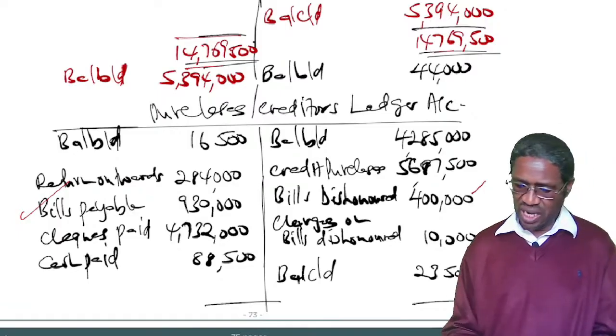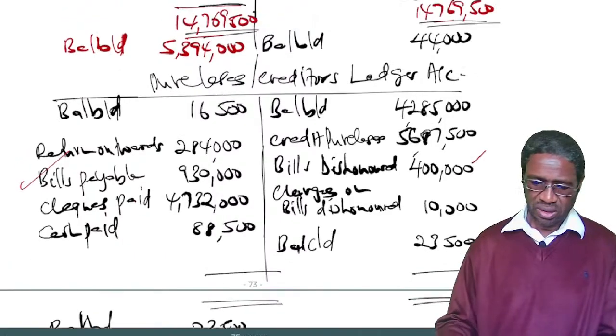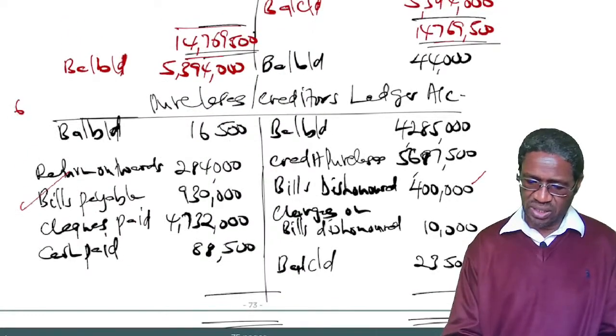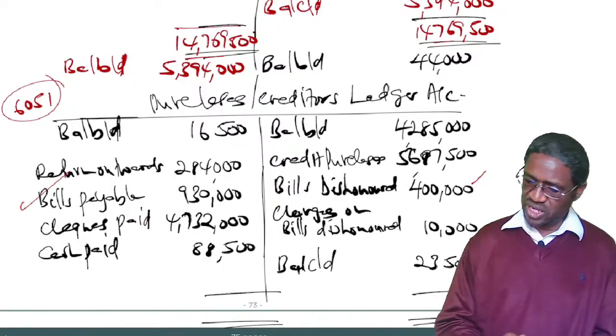On the debit, let me note it somewhere, I'm getting 6051. What about on the credit?